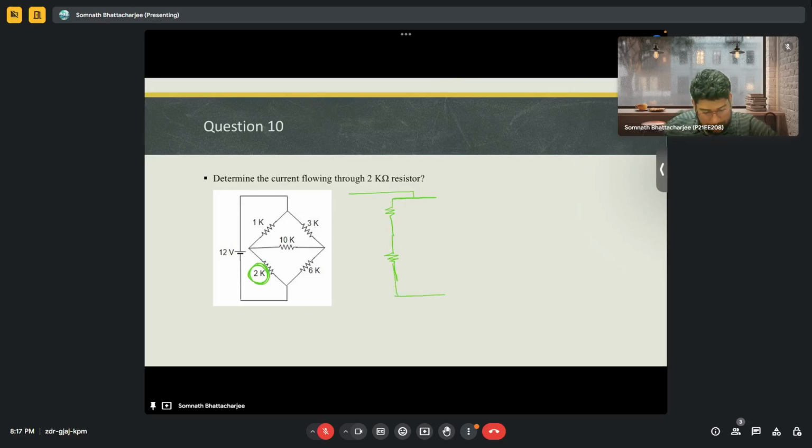Sorry for this bad drawing. So we can essentially write the circuit like this. So this is 1K, this is 3K, this is 12 volts, this is 2K, and this is 6K. Sorry, this is 10K. Okay, so this is a basic circuit.